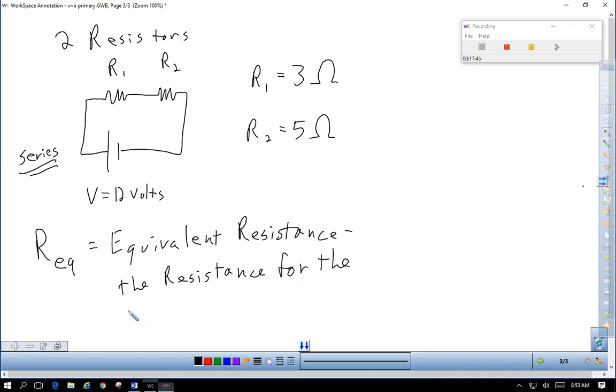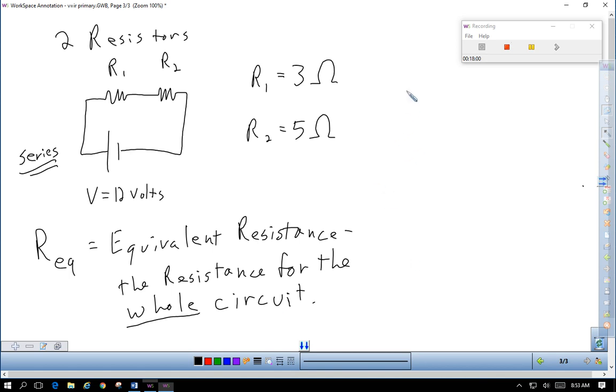And since I'm having to write this instead of have it pre-typed, you can probably keep up with me. For the whole circuit. Not just one part, the whole thing. All right, and so the equivalent resistance is the resistance for the whole circuit.